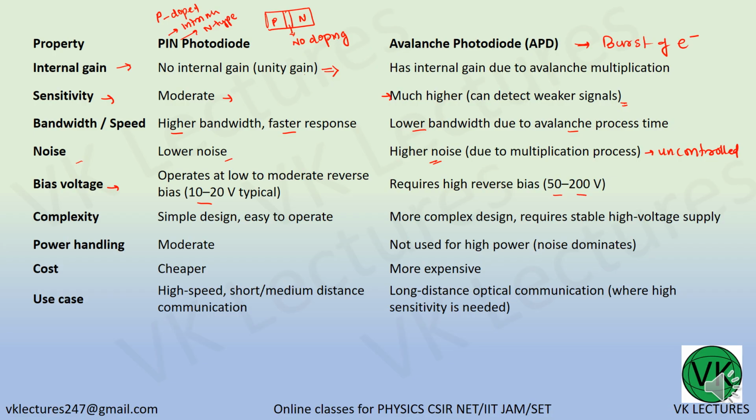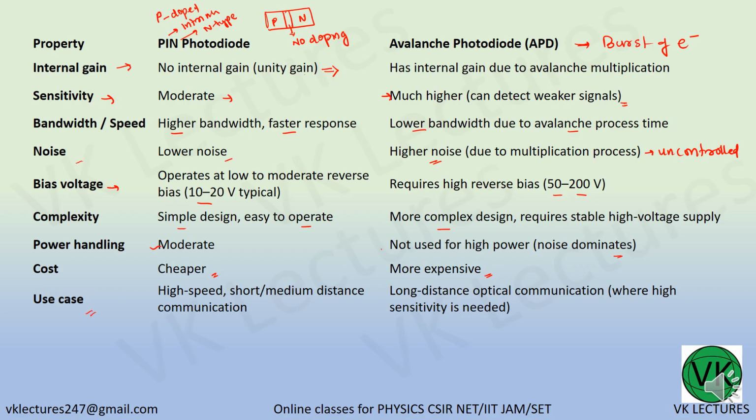PIN has a simple design and is easy to operate, while avalanche has a complex design requiring a stable high voltage supply. Power handling is moderate for PIN, while for avalanche it is noise dominant. The PIN is cheaper while avalanche is more expensive.